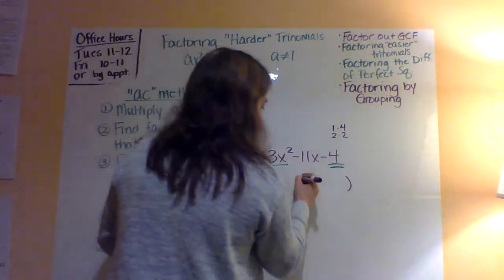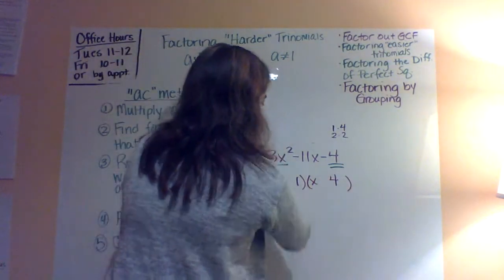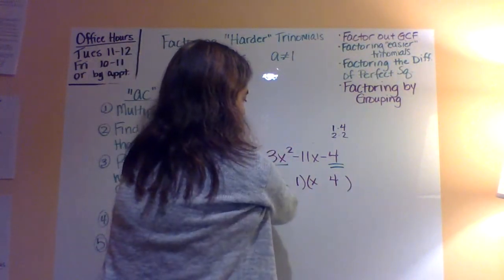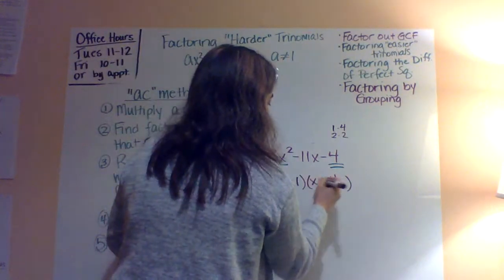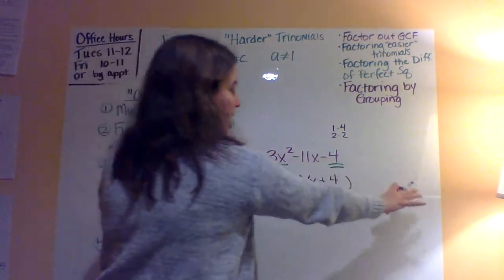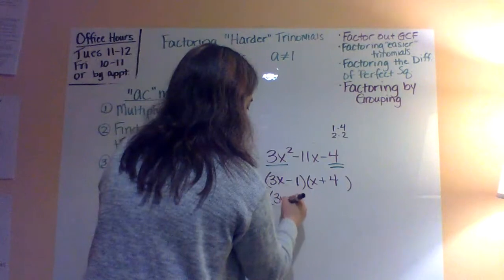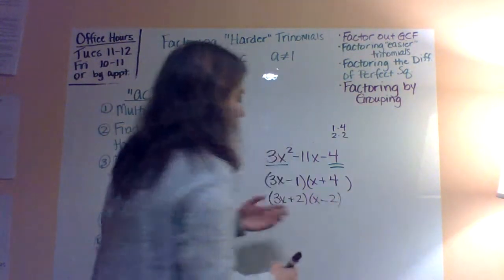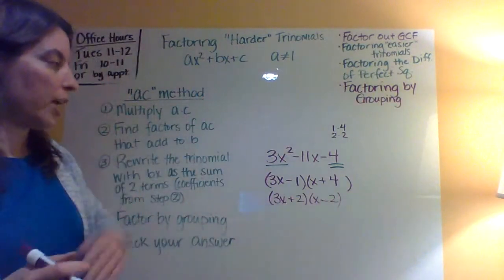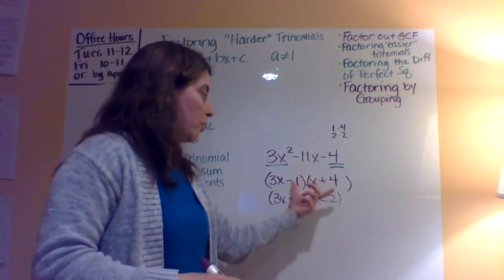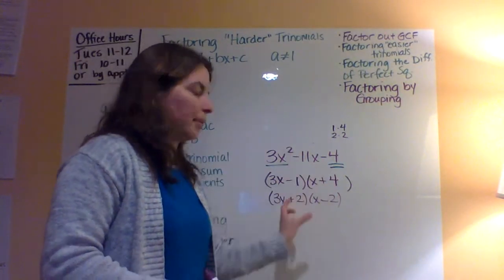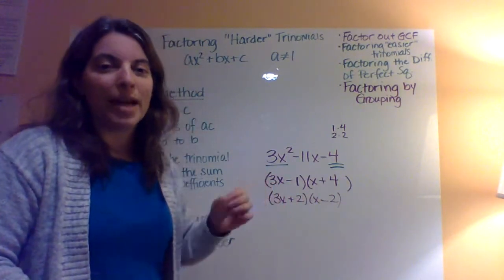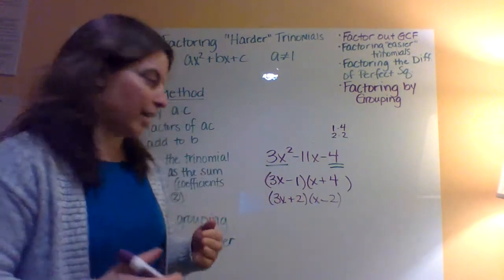So I could try 1 and 4 with a minus here and a plus here, FOIL it out, see if it works. If that doesn't work, I could try 2 and a 2. I could try 1 and 4 in the opposite places. I could try 1 and 4 in the same places but opposite signs. Okay? There's all these different choices I can make.